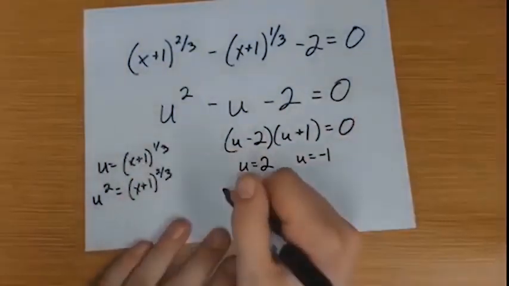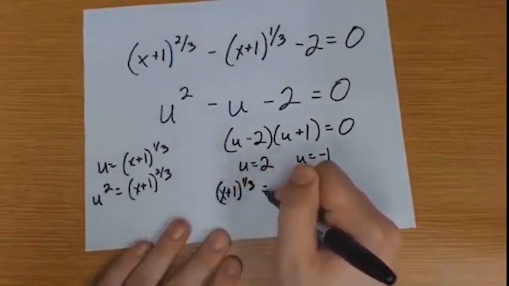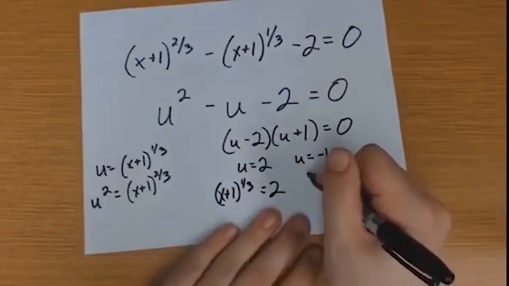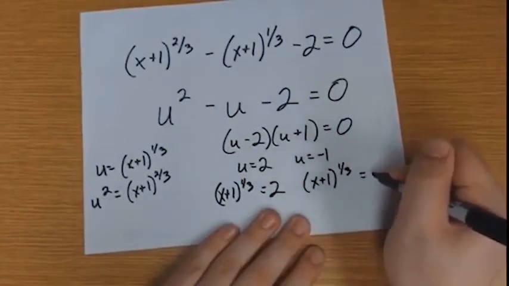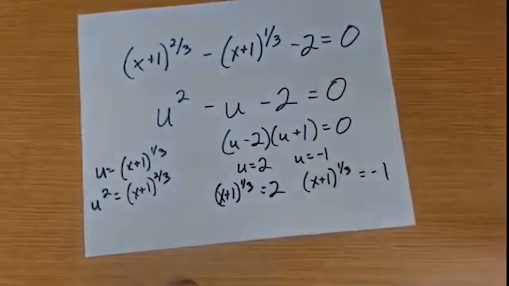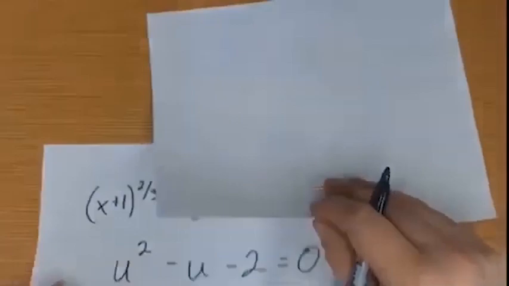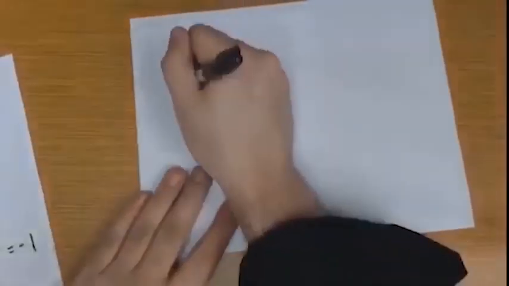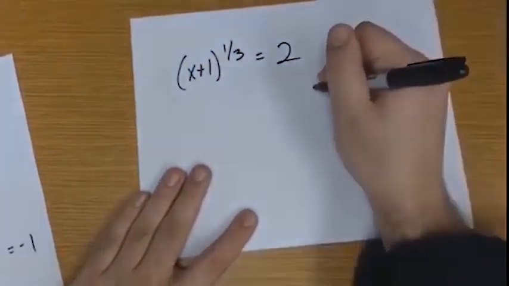Now replace back. U was x plus 1 to the 1/3 equals 2. X plus 1 to the 1/3 equals negative 1. How do we get rid of 1/3 powers? We write this over here. X plus 1 to the 1/3 equals 2.